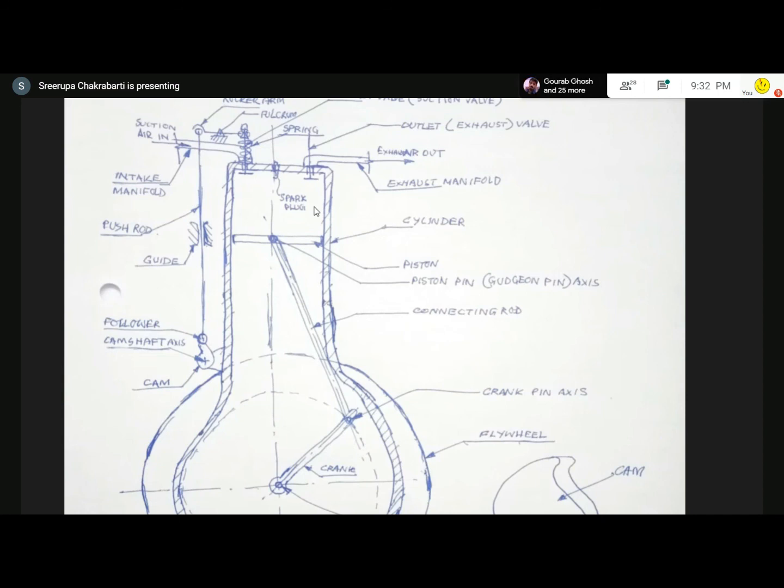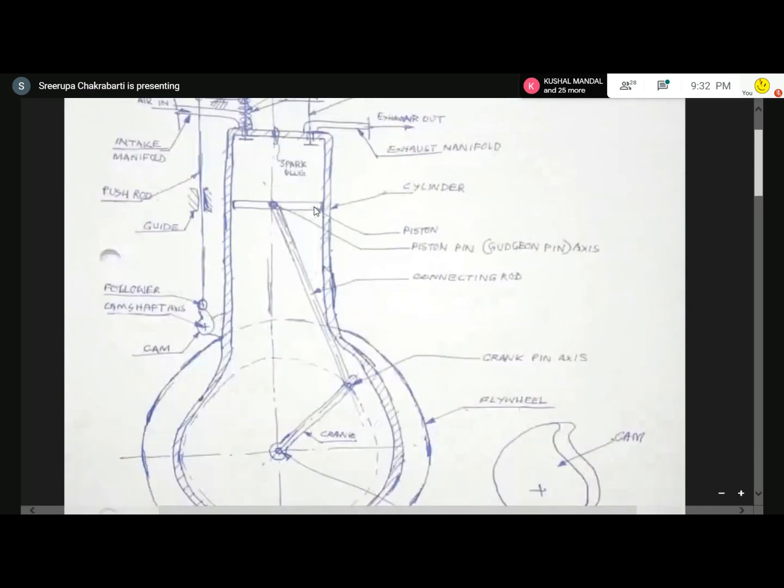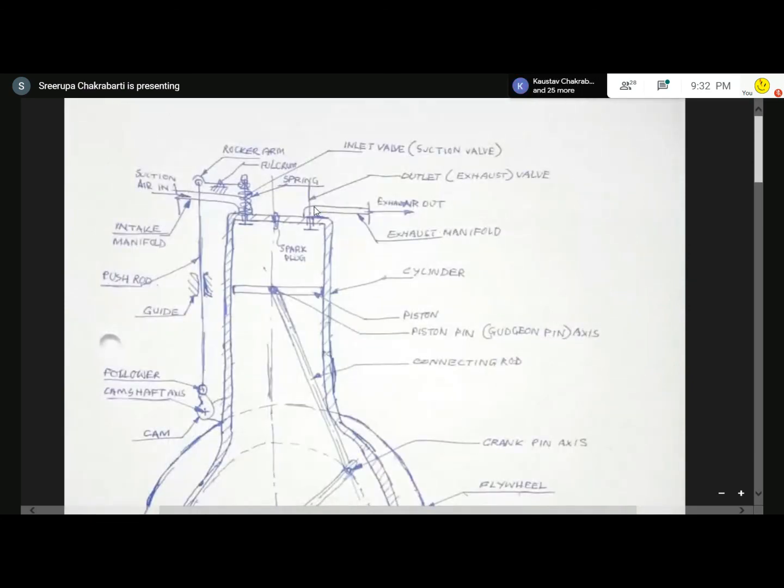That means how much volume will come inside the cylinder. How do you control that?